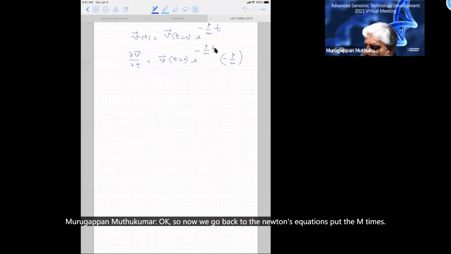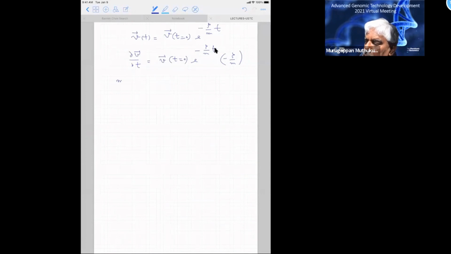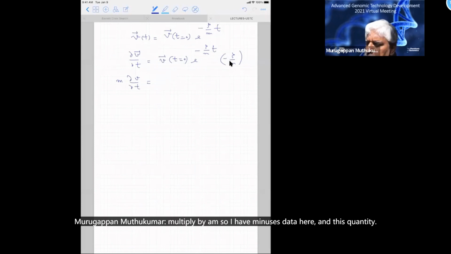Okay, so now we go back to Newton's equation, m times dv by dt. I multiply by m, so I have minus zeta here, and this quantity is the same as v of t, so I get v.